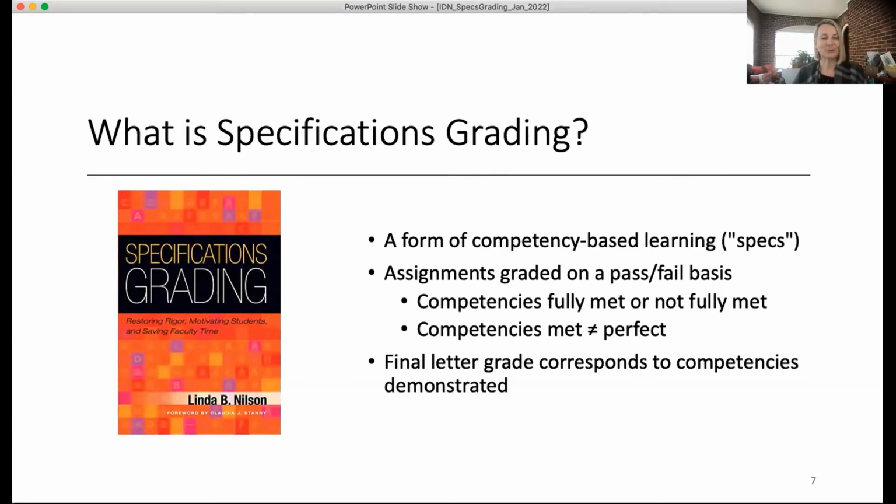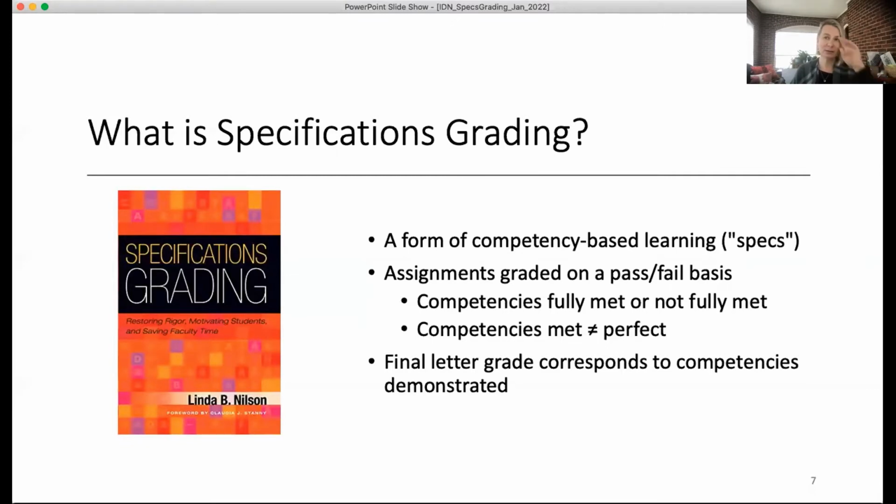So I do like to remind people of that, but also focusing on competencies helps people think concretely about what they can do and what they can't do. And it removes some of that sense of I'm an expert or I'm the best at this, and rather makes us think about our actual skills. And then the final grade in a course corresponds to what competencies a student has been able to demonstrate, or the portion of them that they've been able to demonstrate in a course.